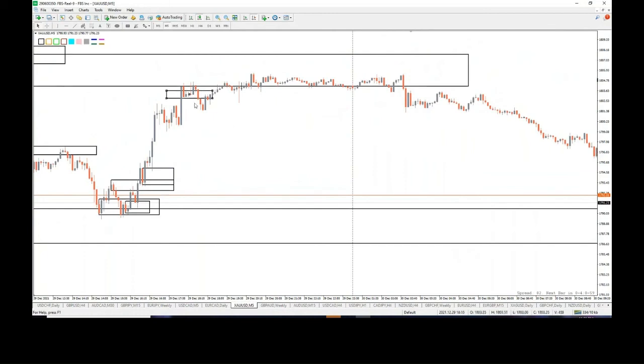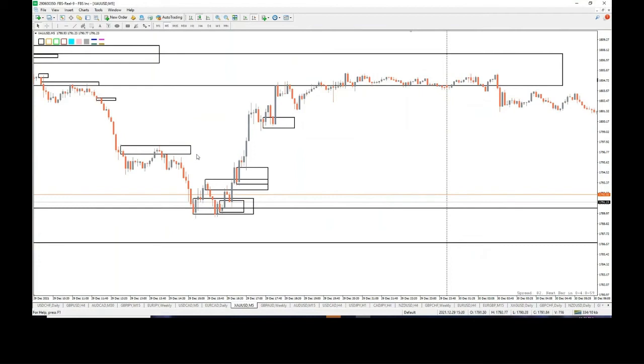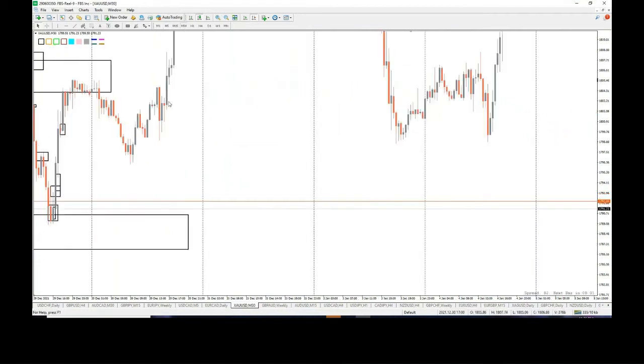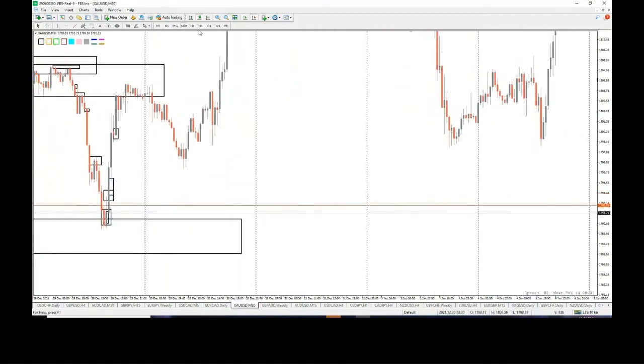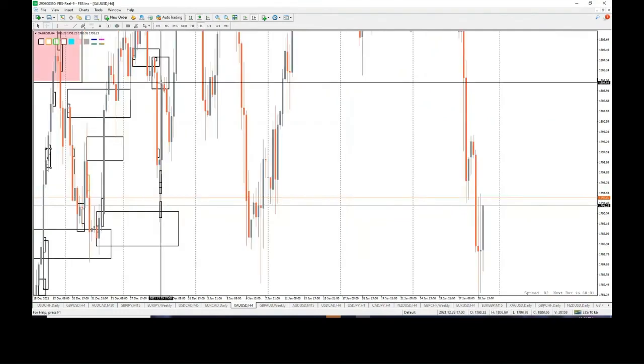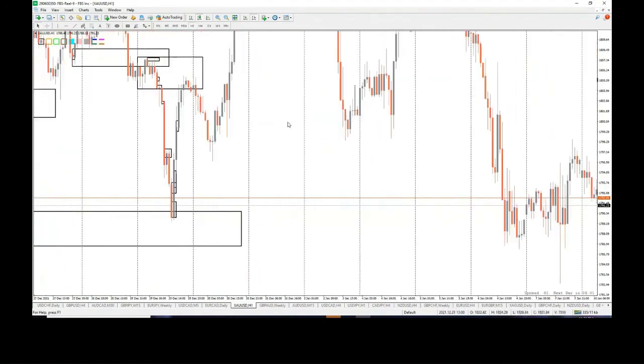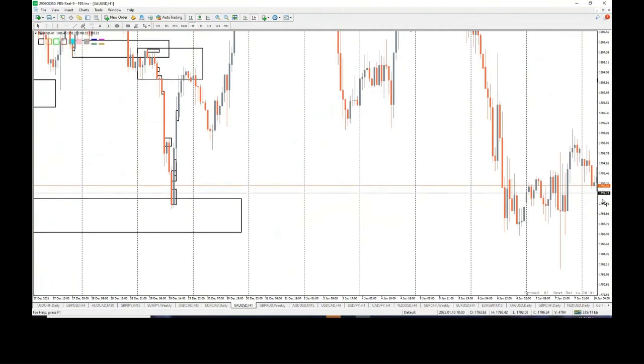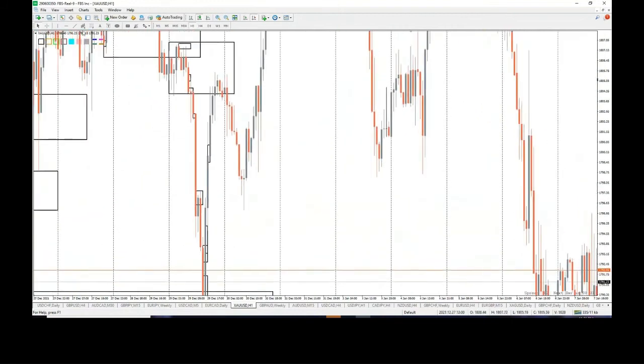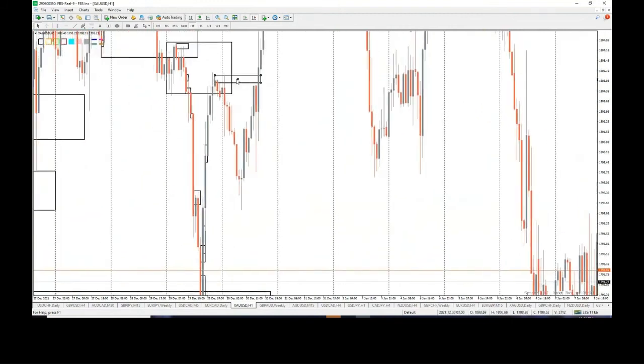There's a lot of entries you can find. Plenty of opportunities. So when the price comes into an H4 zone and H1 or M30 gives a confirmation, the price might reverse.